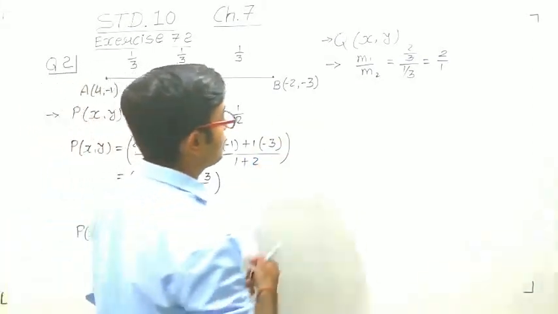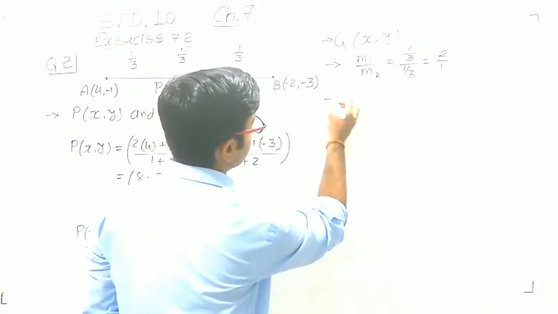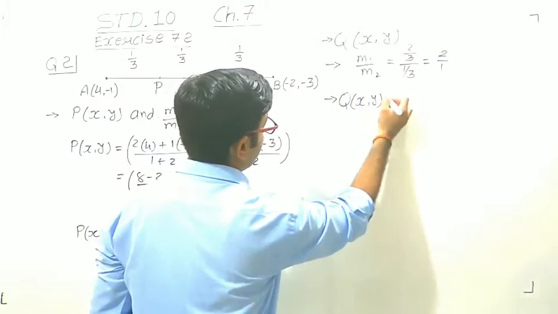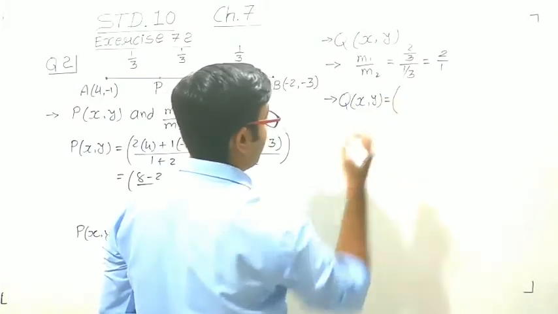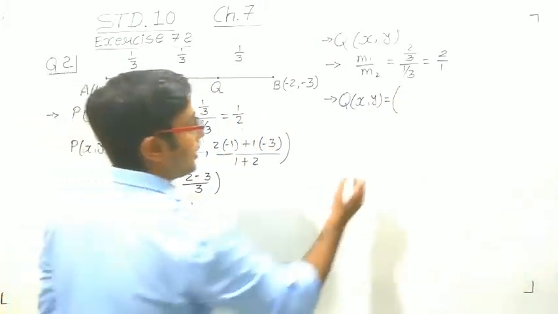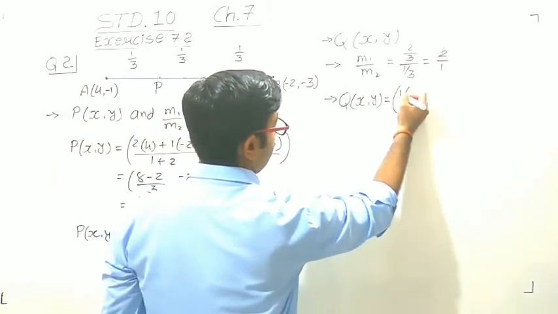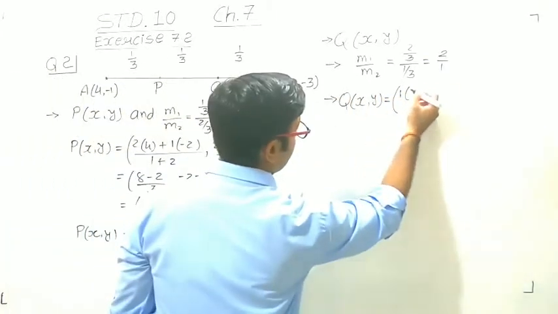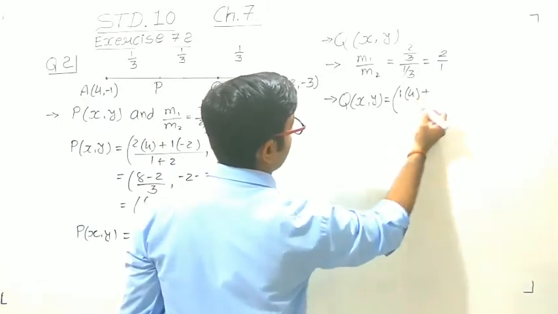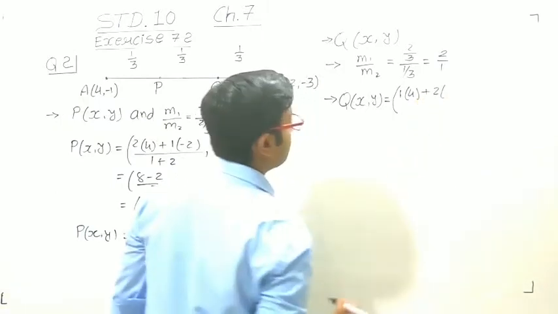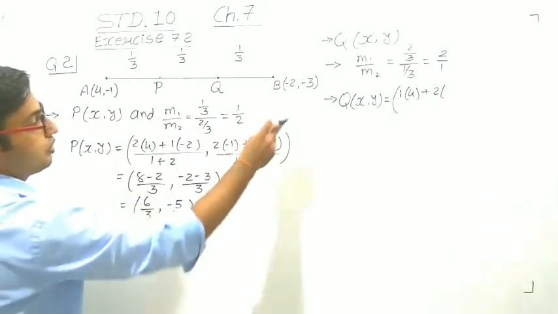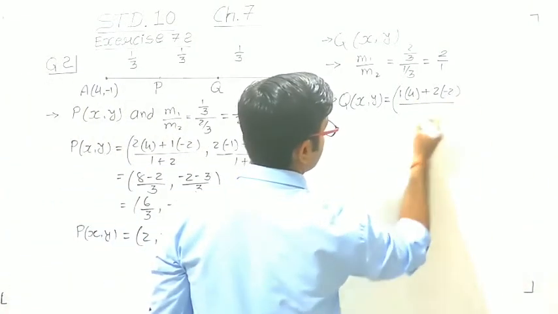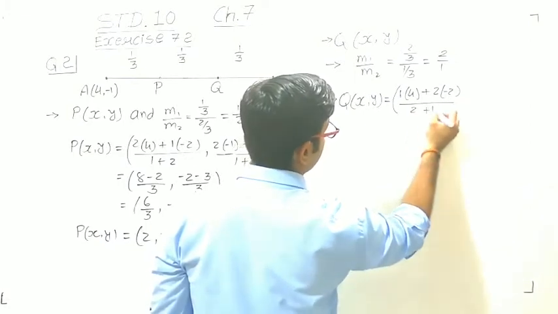Okay, let us use the section formula, that is Q of xy is equals to, now first of all M2 is 1, M2 into x1 is what? 4, plus M1 into x2, that is -2, upon M1 plus M2, and M1 plus M2 means 2 plus 1.